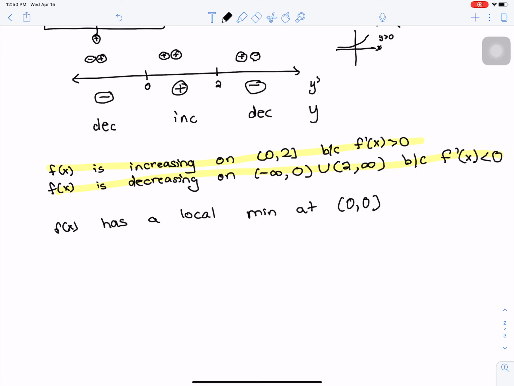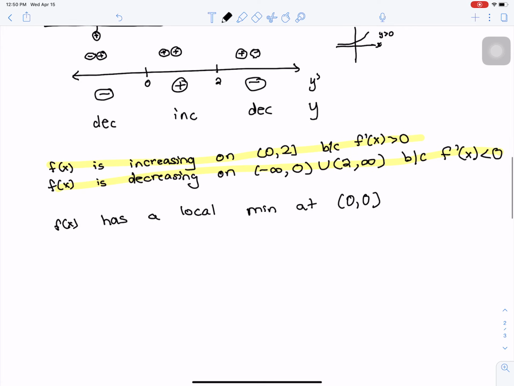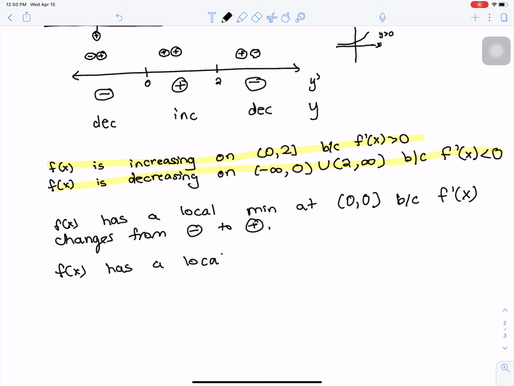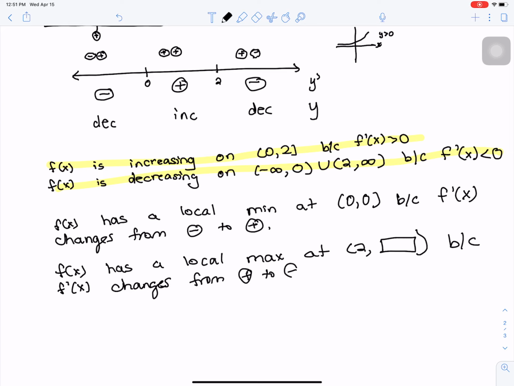We know that that's the y coordinate because that was our x and y intercept, because f prime of x changes from negative to positive, and then we know that f of x has a local maximum at 2 comma, I'm going to come back and find that y coordinate, because f prime of x changes from positive to negative. So now let's come back and find this y coordinate.